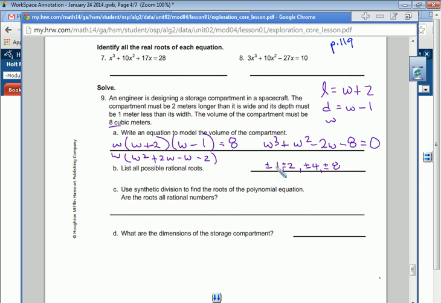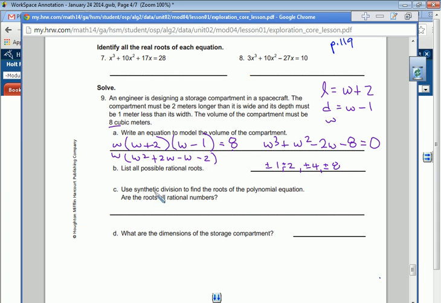Now, use synthetic division to find the roots. Okay, so we could test them out. If we plugged in 1, does that give me 0? 1 plus 1 minus 2, no. Plug in negative 1 plus 1 plus 2 minus 8, does that equal 0? Nope. Plug in 2, 8. Oh, there's an 8 that cancels with that 8, right? And 4 minus 4, isn't that 0? Yes. So we know that 2 works.